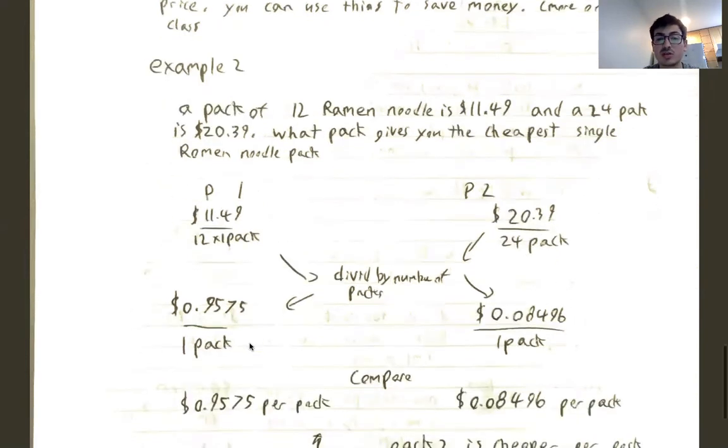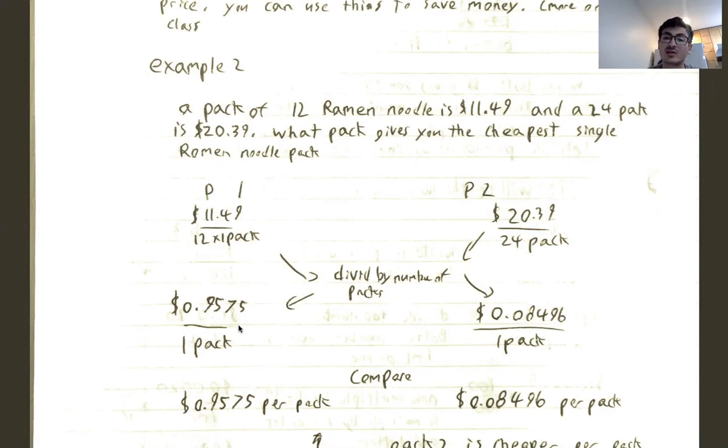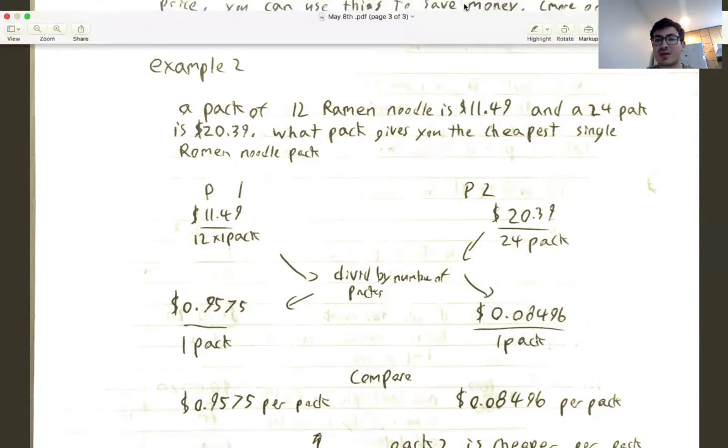So just like we did before, we're going to write our cost as a unit price. So the amount of money per pack, we'll do that on both sides for pack 1 and pack 2. And then we're just going to divide by the number of packs. So we get the price per singular pack. So we see for pack 1, it's about 96 cents per pack. And for pack 2, I added an extra 0 there. That 0 should not be there. That's my mistake.